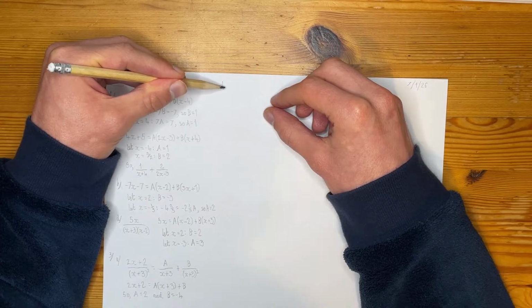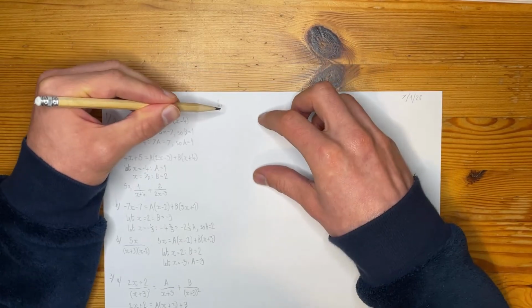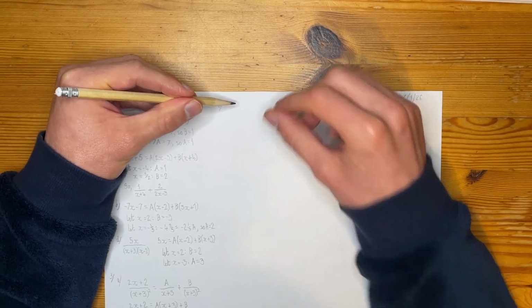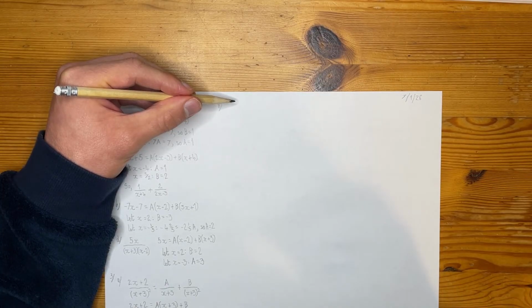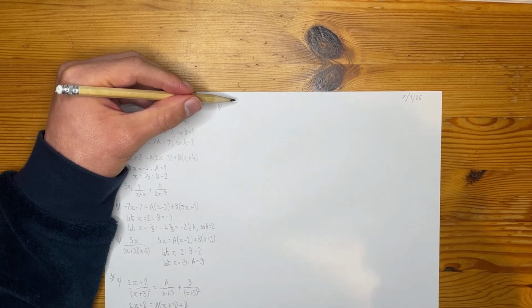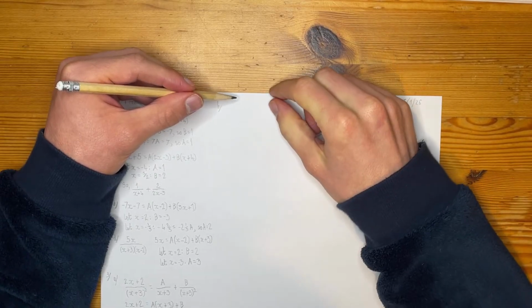Now, what is part b all about? Well, you would turn it into 3 partial fractions.